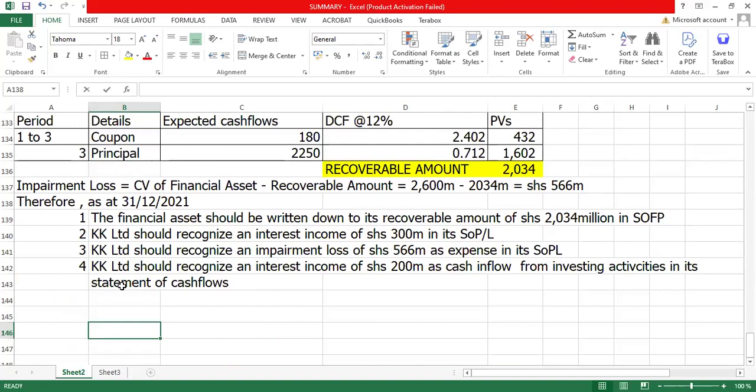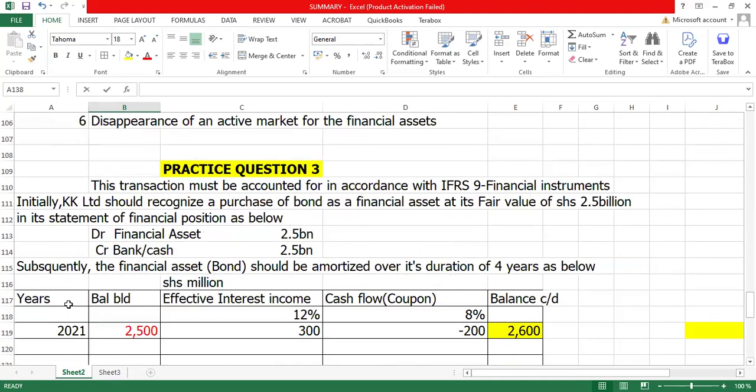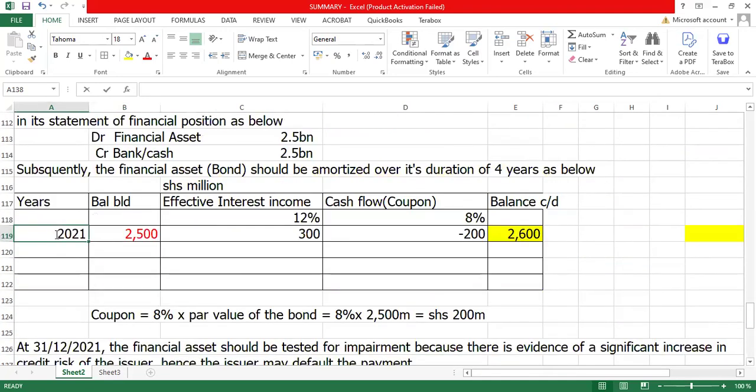Any question? Now, as you see, impairment is coming on 31st December 2021.